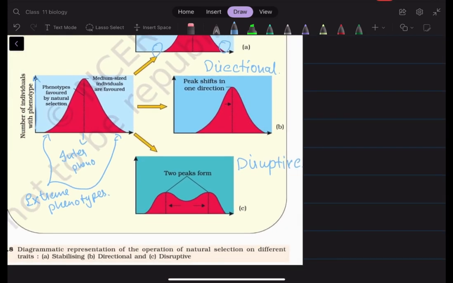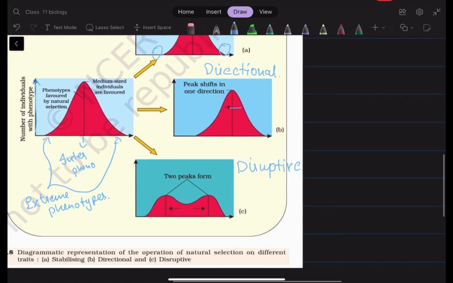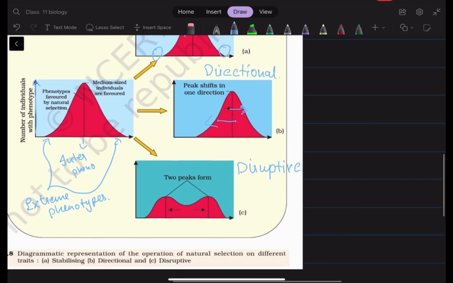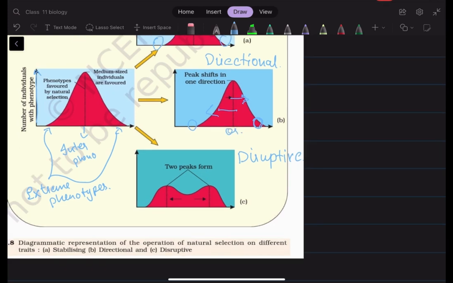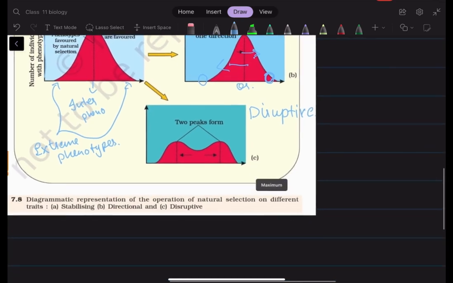In this graph, you can see the peak is shifting in one direction. It can be either in this direction or in this direction. That means that the change is happening towards either of the extreme phenotypes. So either of the extreme phenotypes is useful, either this or this, but not both. So in this, only one extreme phenotype is favored.